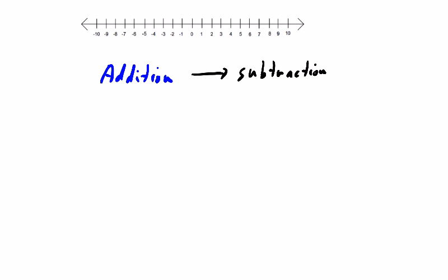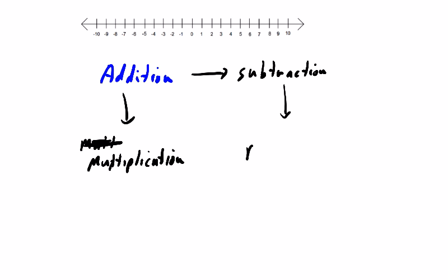If we want to repeatedly add, we can do multiplication to speed that process up. If instead of repeatedly adding, I want to see how many times I can subtract, I will do division.